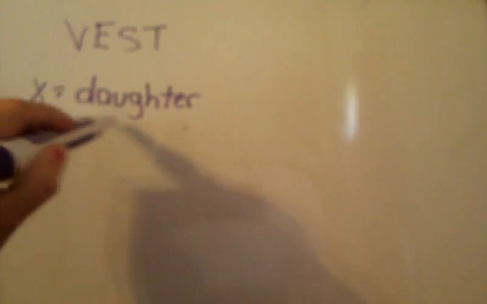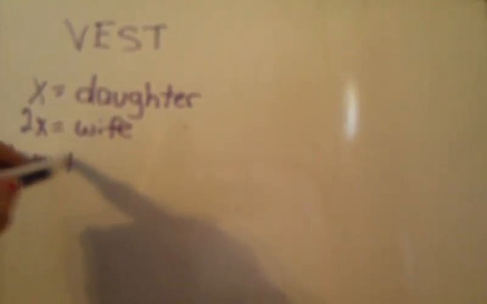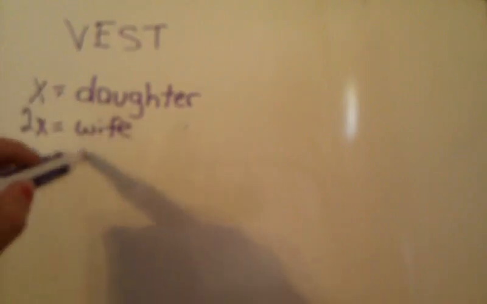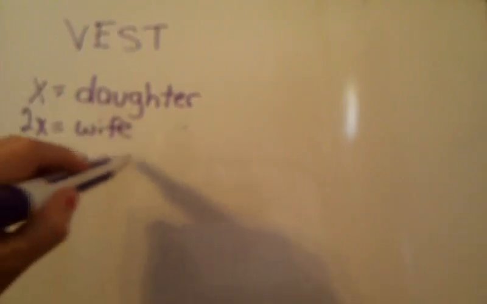Twice as much is going to be 2 times x. It says the son received $1,000 more. What does more mean? More means add. Okay. So $1,000 more than whom? More than the daughter. The daughter's x. So this is the son. Okay, I've identified my variables. Now my equation.